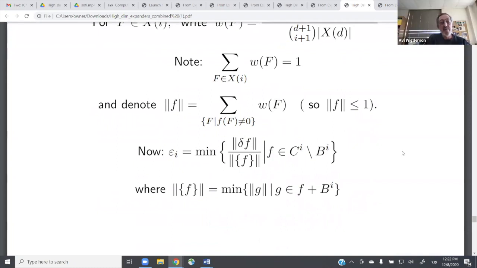I mean the norm of f. f is binary, right? But the norm of f is a rational number. It's a non-negative real number, which just takes the sum of the weights of f over all f for which f of f is not zero. This zero is zero of the binary field, right?